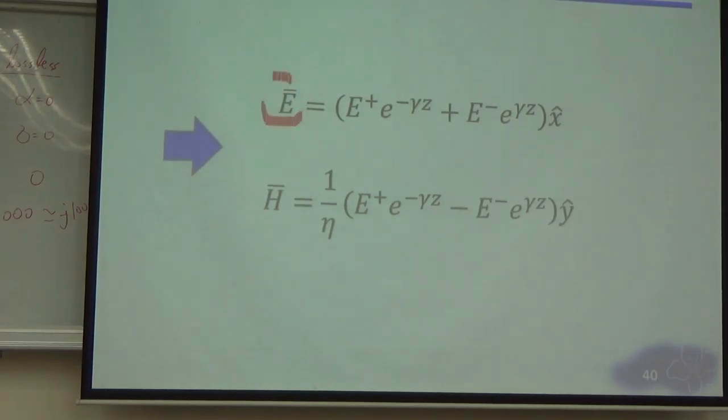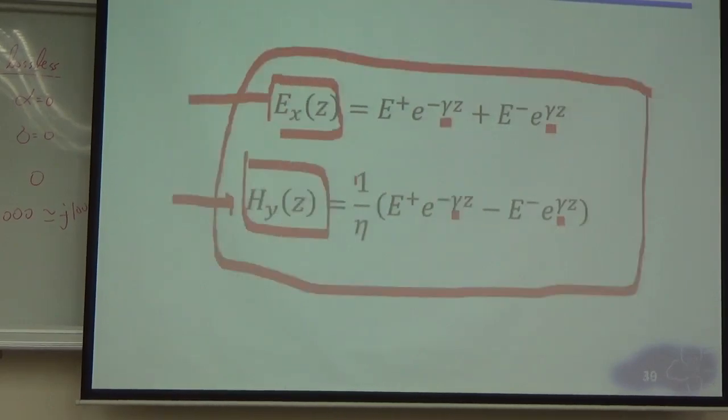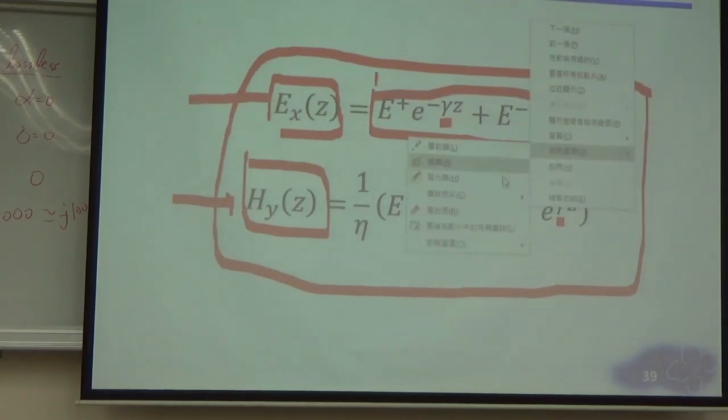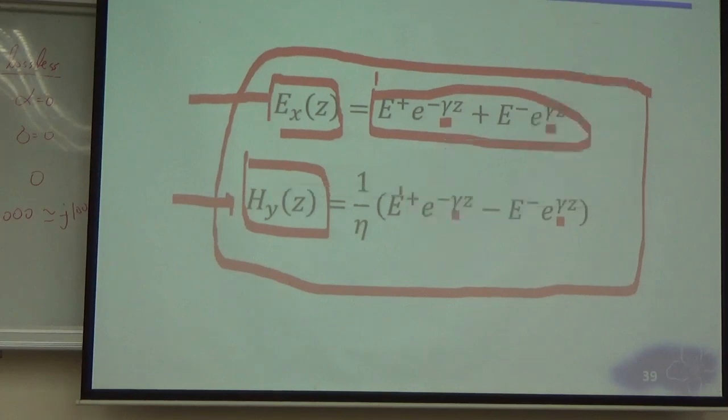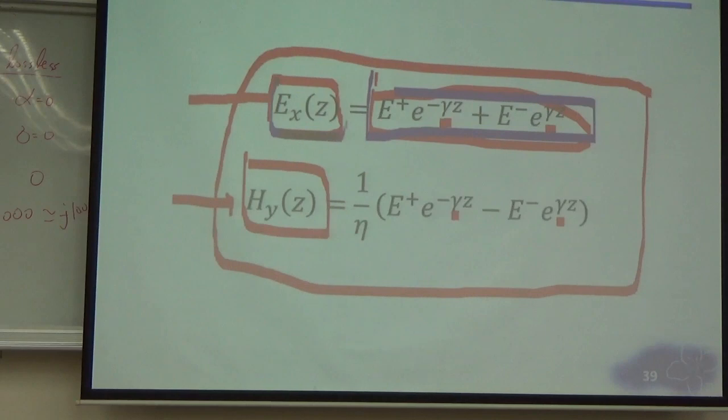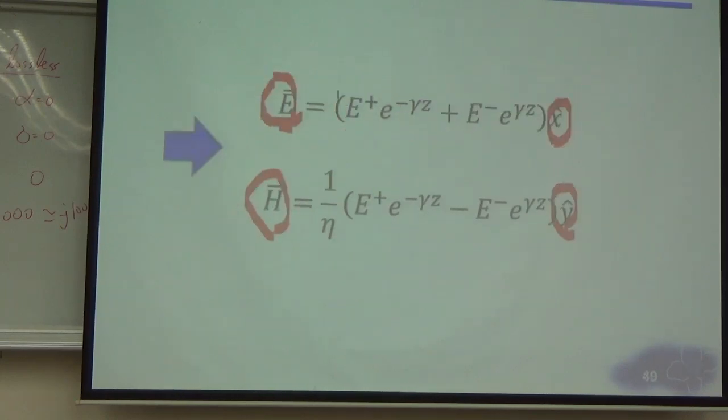You should put your vector, the unit vector, outside. This is only for this one. I use another color. This one is purple. The purple one is only the scalar one. This is only this part.